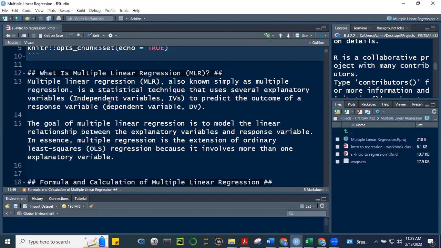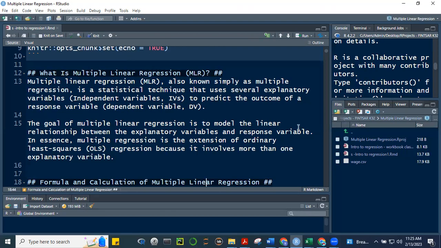If you only have one independent variable or explanatory variable, you call it a simple linear regression. If you have several variables that you're using in order to explain or predict your response variable, then you call it multiple linear regression. As we said, the goal of a regression model is to explain or establish the relationship between your dependent variable, or your response variable, with your explanatory or independent variables.